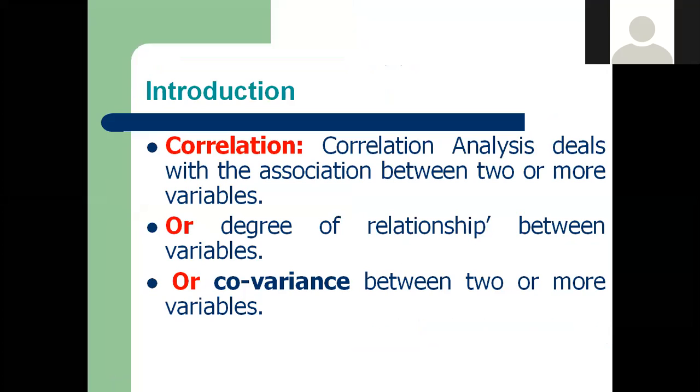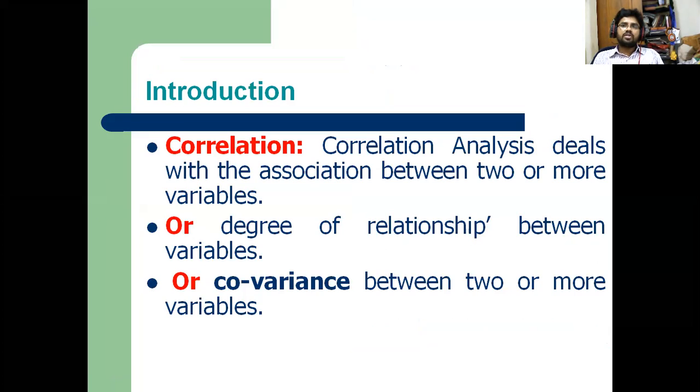As you know, correlation deals with the association between two or more variables. Simply, correlation means the relationship between two or more variables. Sometimes they will ask for the degree of relationship or degree of association.